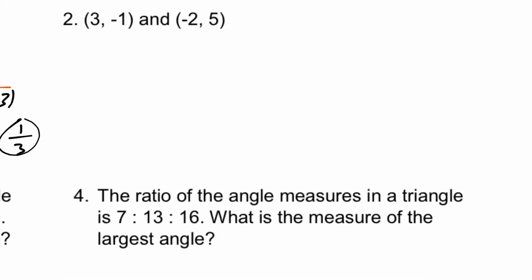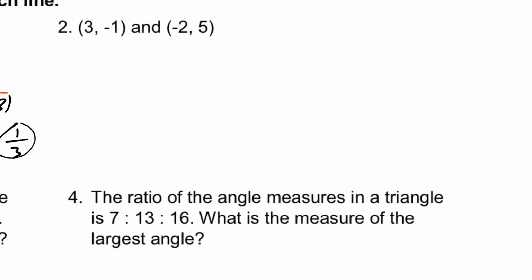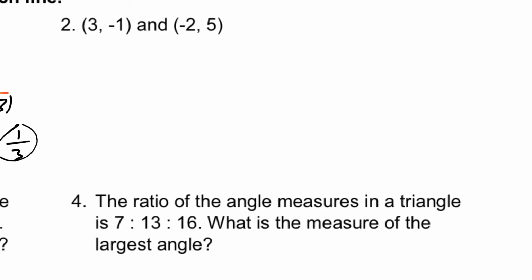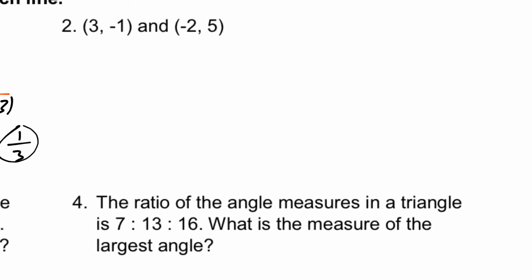Let's move on to number 2. So in number 2, this time they didn't give us a graph or a picture. They just gave us the coordinates of the 2 points, and we want to find the slope. Now we know that for each of these ordered pairs, the first coordinate is x and the second coordinate is y. So again, we're just going to set up for our slope ratio.